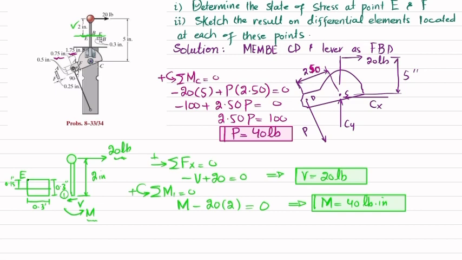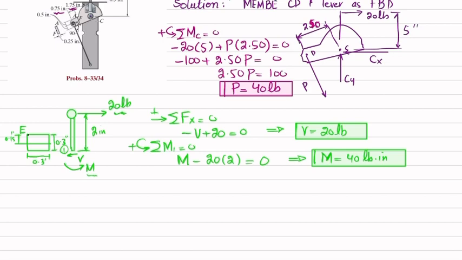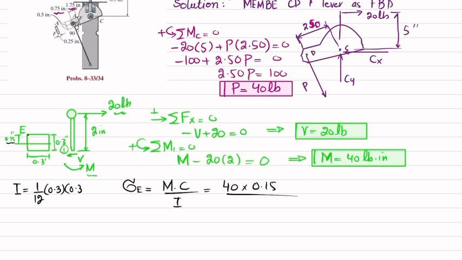Clear? So we know that the bending stress at point E will be equal to M into C divided by I. Bending moment M is 40, C is the distance from the neutral axis to the top, which is 0.15, and we will find I. So I for this square cross section is 1 over 12 BH cube, 0.3 into 0.3 cubed.